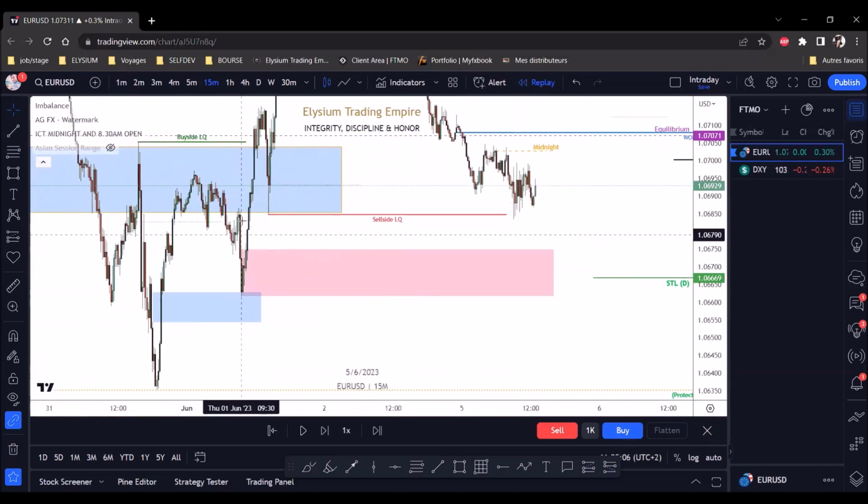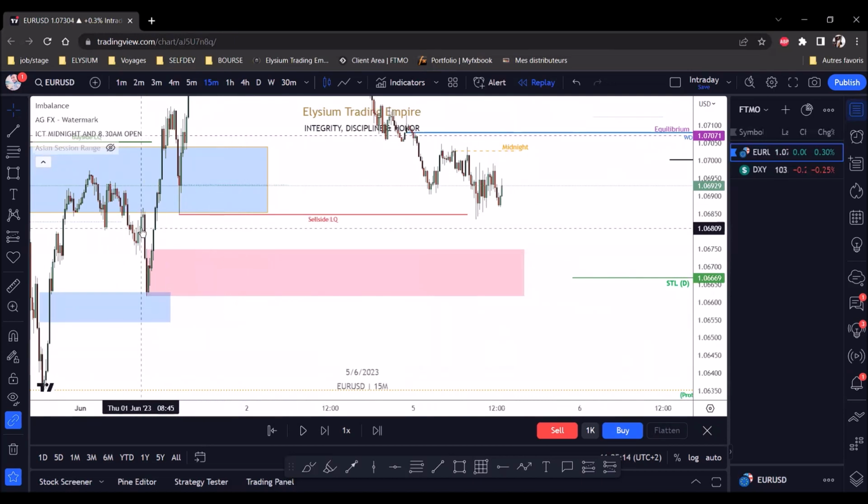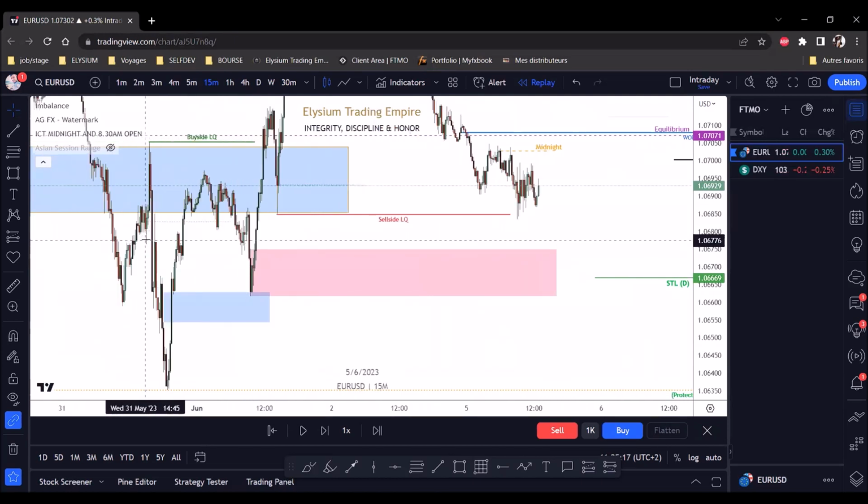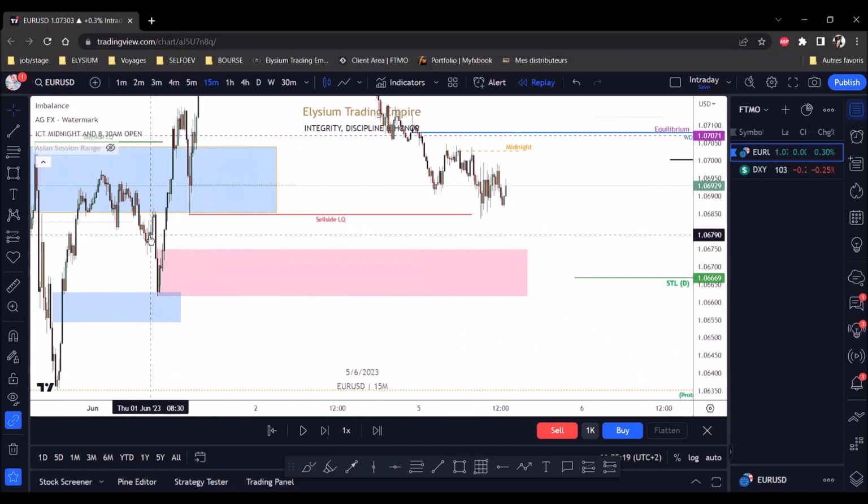And so what is the closest order block to this liquidity? You could say this is the same as the previous one. It breaks higher, we go through it and we go again through it.